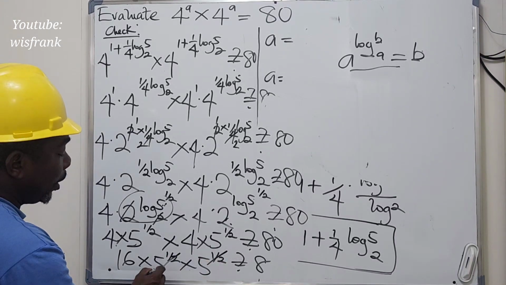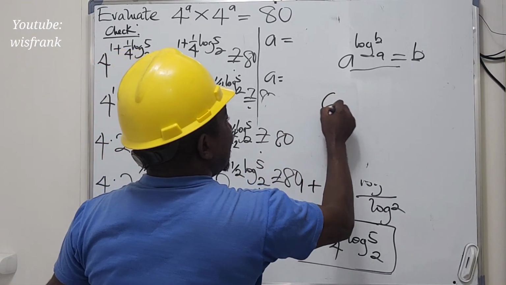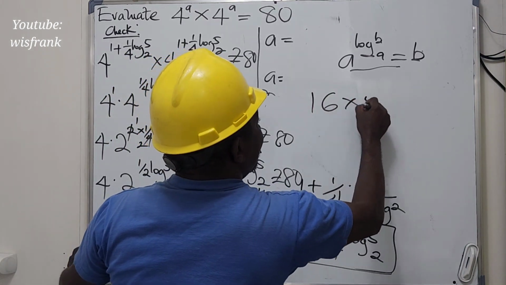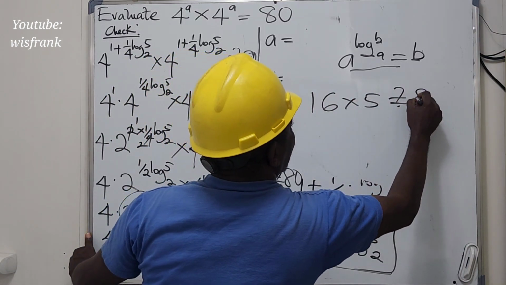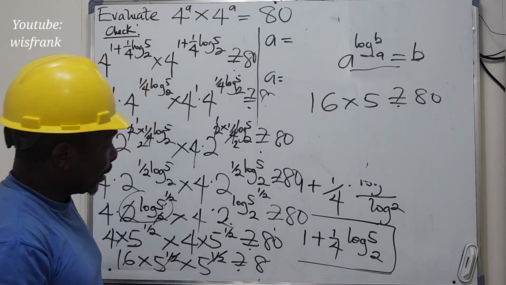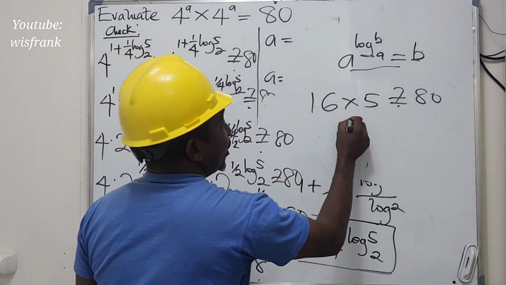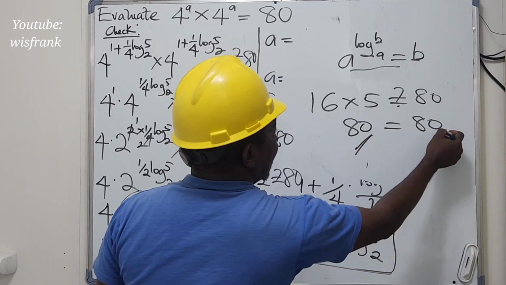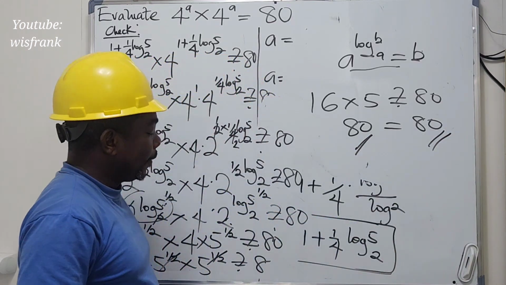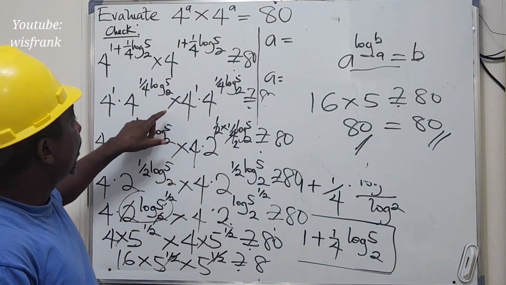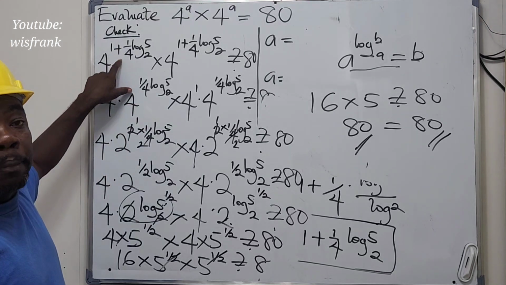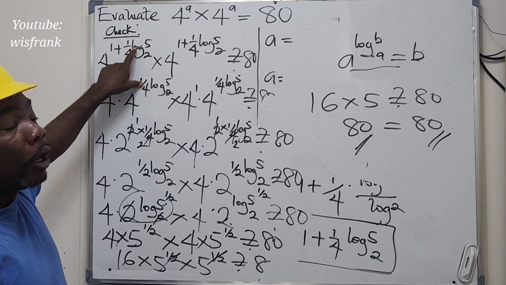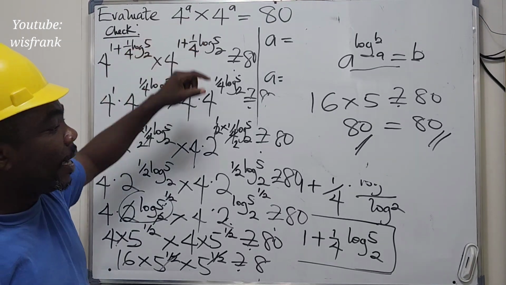This one will cancel here. So we are now left with 16 times 5. Will this equal 80? When we multiply 16 and 5, it will give us 80 equals 80. So what we have on the left hand side is what we have on the right hand side. Therefore, the value of our A, which is 1 plus 1 all over 4 log 5 base 2, satisfies this expression.